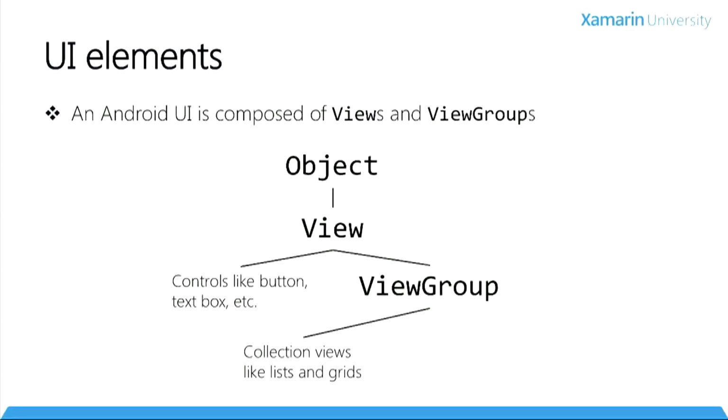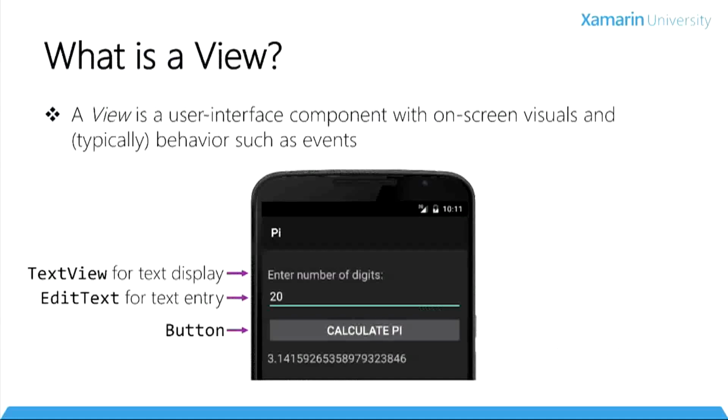We're not going to talk about them in this course, but a later course covers those in quite a bit of detail. And then the other category under view group are the layout panels. And a layout panel is a manager. It owns a bunch of children, and its job is to calculate the size and position on screen of those children.